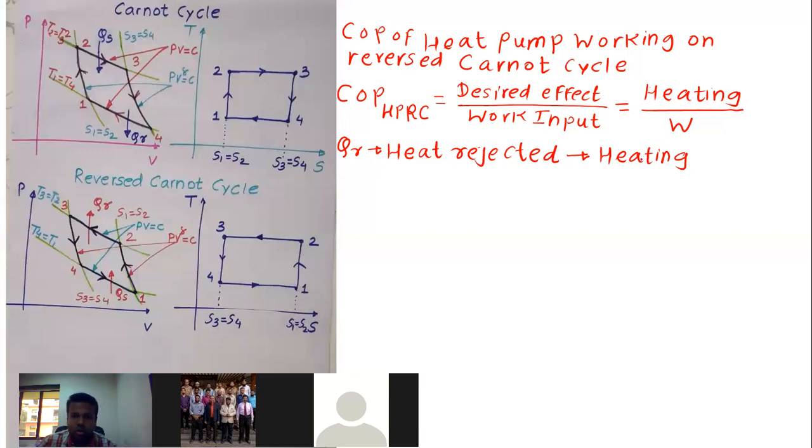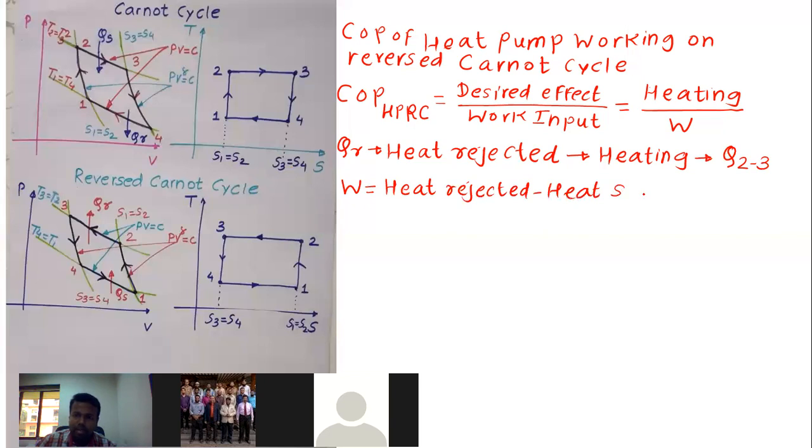And this rejection is done during which process? It is done during process 2 to 3, right? Now what is W? As we have seen for the refrigerator, W is obviously heat rejected minus heat supplied, right?